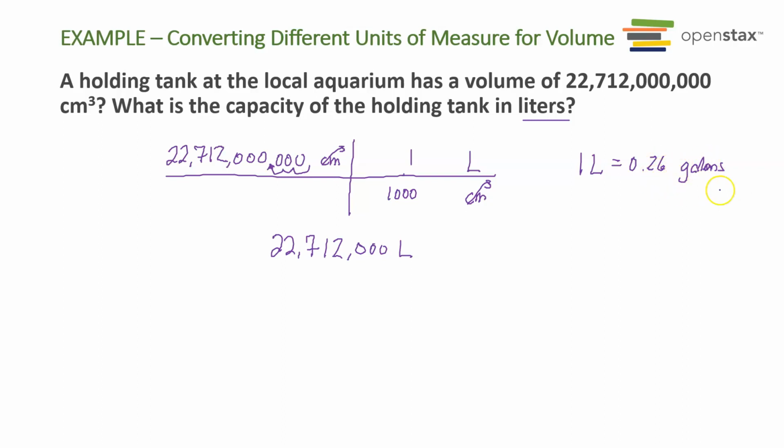So a liter is about a quart. 1 liter is about 1 quart in the U.S. system. So you're talking about 22 million quarts of water. If you multiplied that by 4, then you're looking at about how many gallons of water that aquarium has. It's kind of interesting, but just to give you an idea in your head of what that looks like.